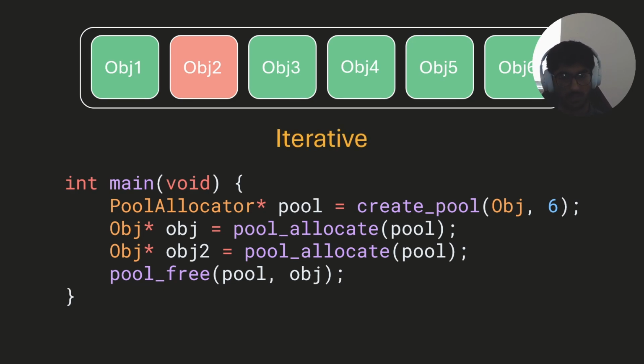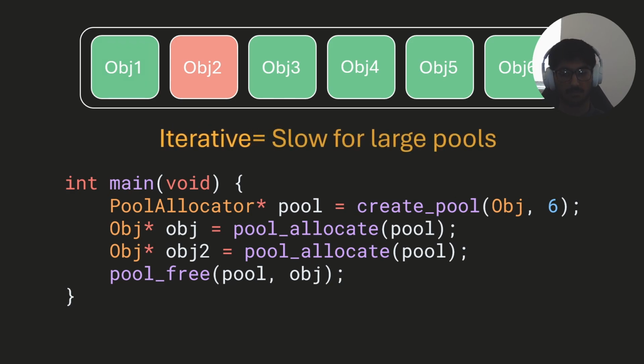Now, with this system I just told you, every single time we allocate something from the pool, we have to visit each and every single node in the pool until we've found a free object, right? So it's an iterative process. That's fine for small pools, but for big pools it can be quite slow.